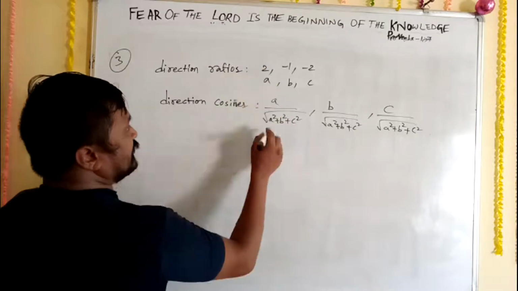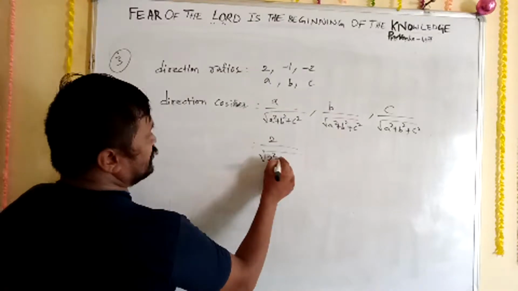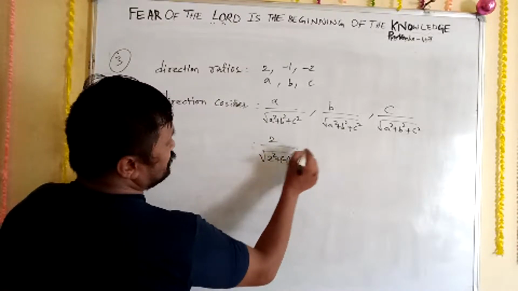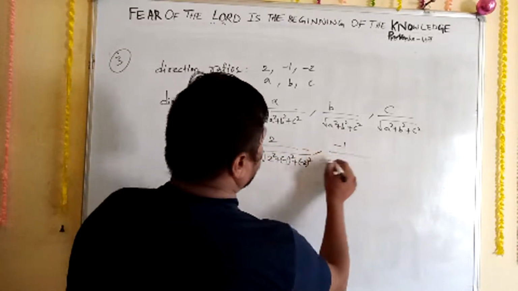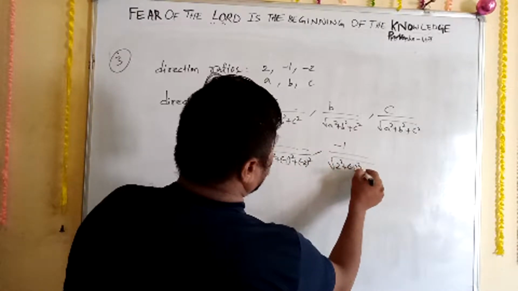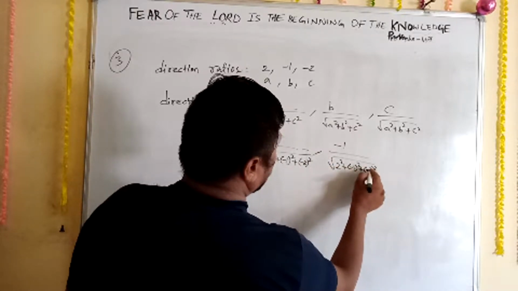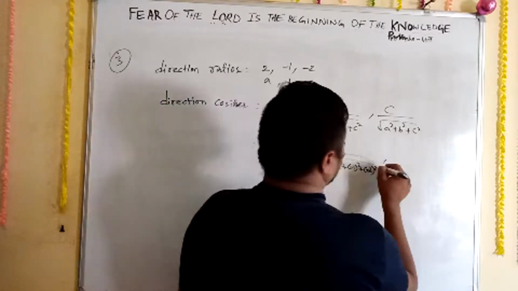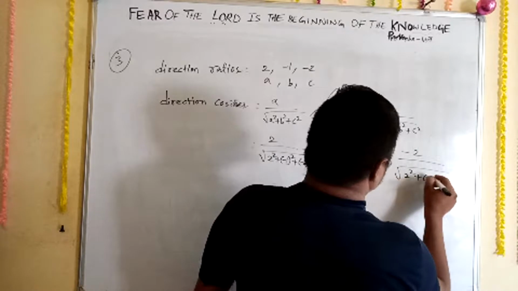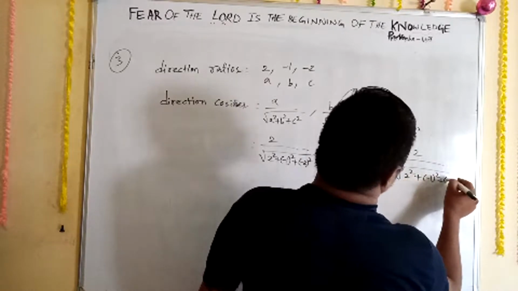So A is 2 upon square root of 2 square plus minus 1 whole square plus minus 2 whole square. Same here, minus 1 upon square root of 2 square plus minus 1 whole square plus minus 2 whole square. Then minus 2 upon square root of 2 square plus minus 1 whole square plus minus 2 whole square.